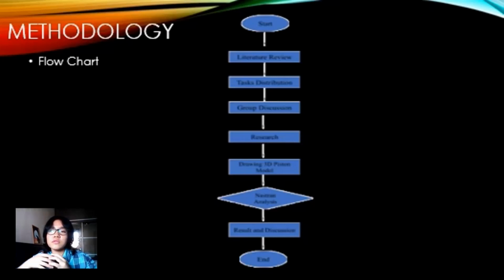Then we assigned each member task and work regarding the project, and then we started doing our research regarding our chosen car engine specification. From the research, we could put to use the information we obtained and start working on the design using Inventor Professional and make analysis tests with Inventor Nastran. And lastly, after the discussion, the project was concluded and we finished writing the report. And that's all for me.